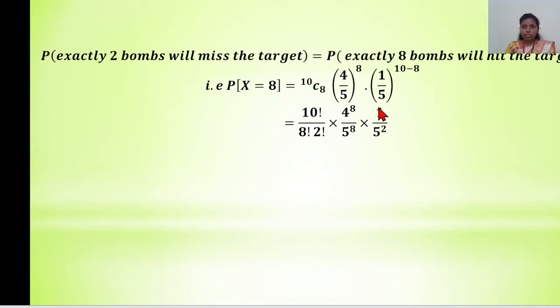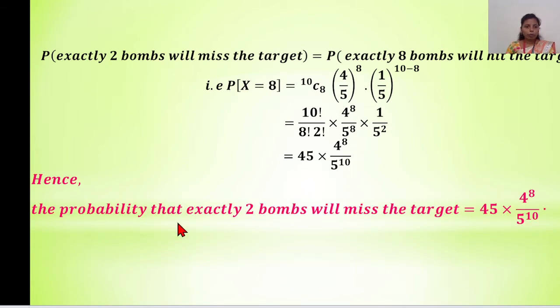Therefore, the term is 1 upon 5 squared. Then after solving 10 factorial upon 8 factorial into 2 factorial, we get the value 45, into 4 raised to 8 upon 5 raised to 8 into 5 raised to 2. If the base is the same, then we can add the powers. Therefore 5 raised to 10.